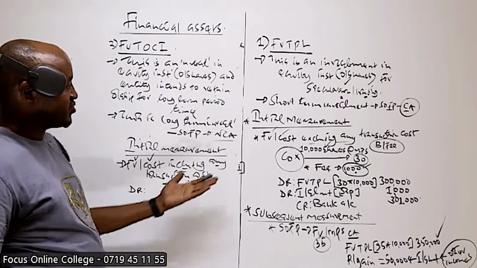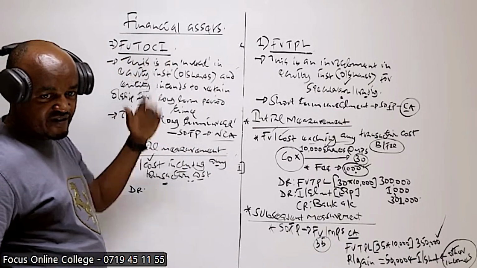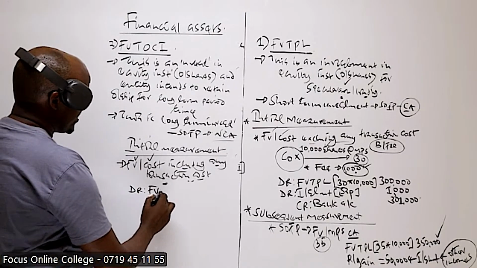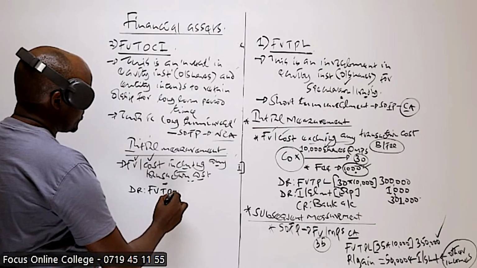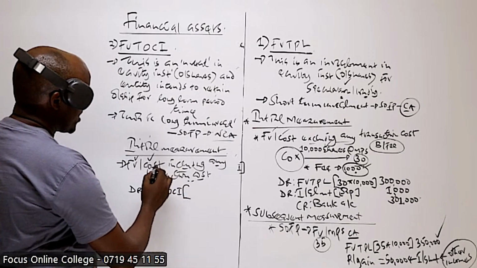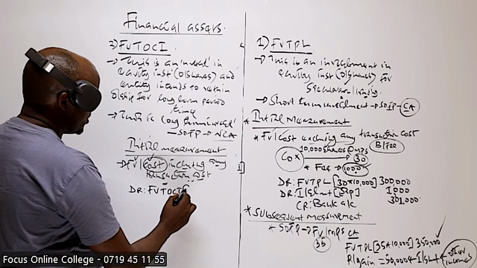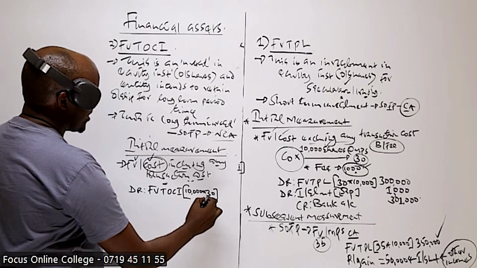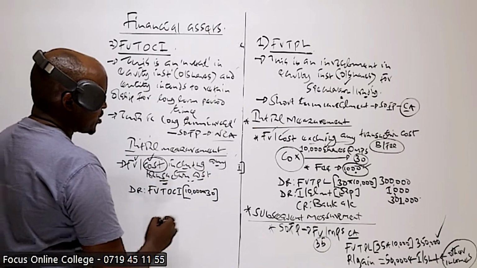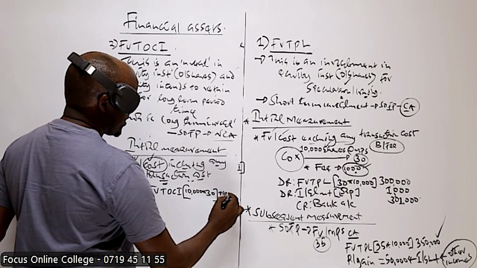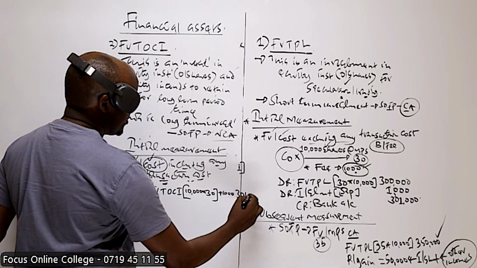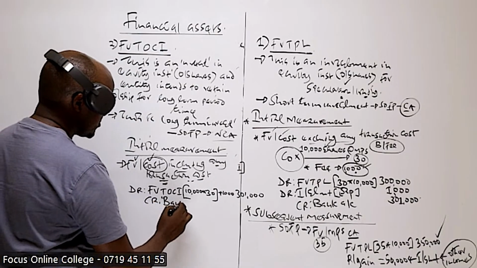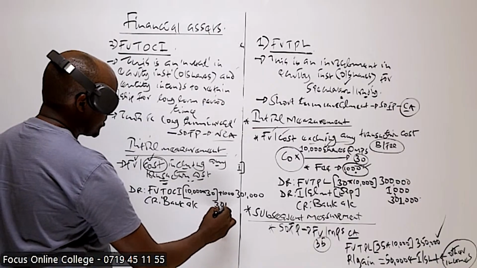That means this qualifies to be a financial asset at fair value through other comprehensive income. So the account to be debited is financial asset at fair value through other comprehensive income at the cost, which is the shares bought, 10,000 times 30, then we add the transaction cost of 1,000. So we debit that account with 301,000, and then we credit the bank account with the same amount.